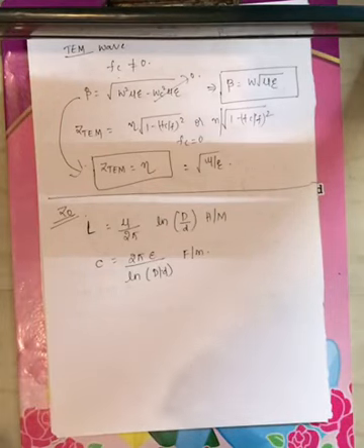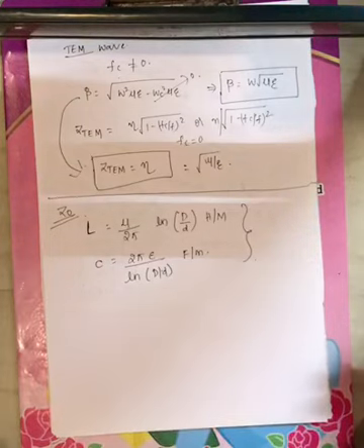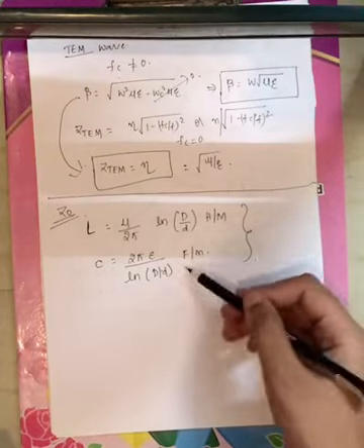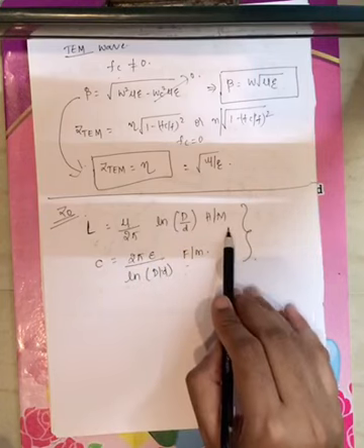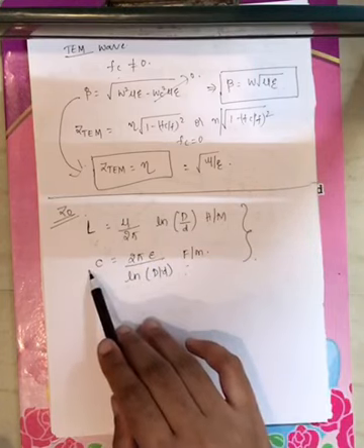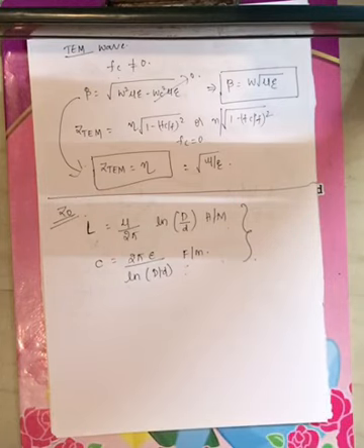The inductance and capacitance per unit length of the coaxial cable are given by these two expressions.